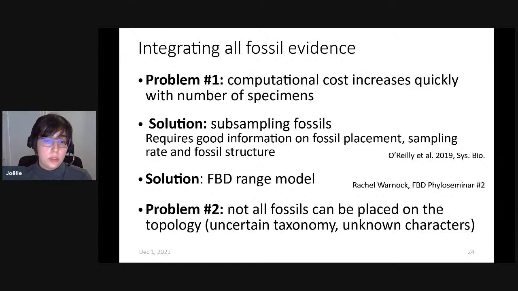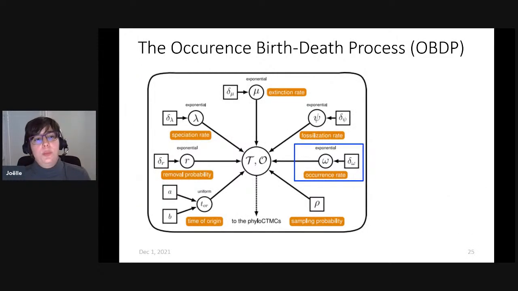So for these fossils, the only data we really have on them is their age. But that's still information, and that's information that ideally we would like to use. So one solution that's been proposed for that is the occurrence birth-death process, or OBDP.